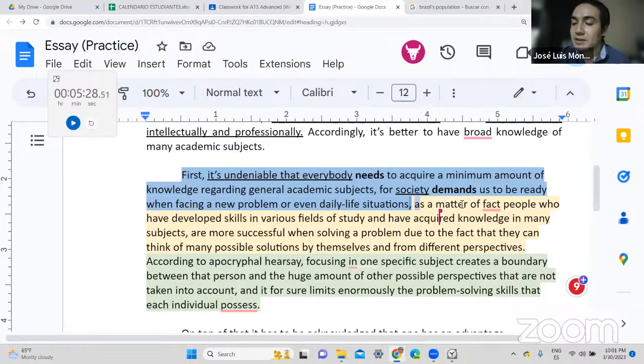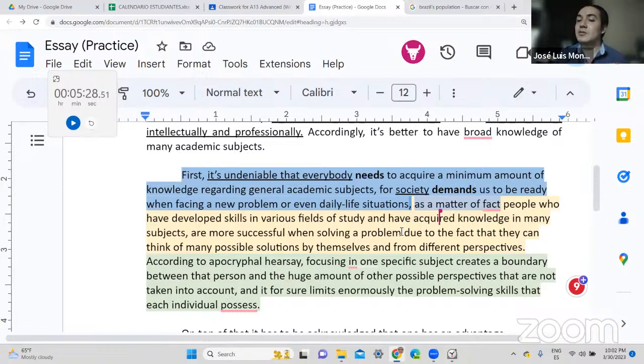Why? Because "as a matter of fact" is introducing, if you realize, another set of sentences. And you can know that "as a matter of fact" is going to be used in most cases either as an interrupter in the middle or as an introductory phrase at the beginning, and that means it's a transitional word, right?